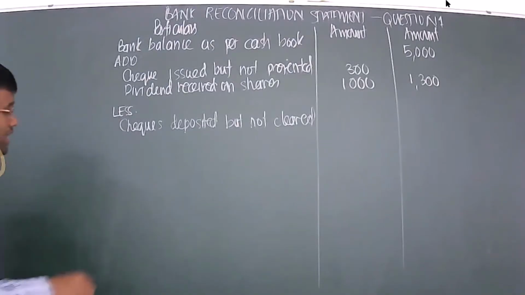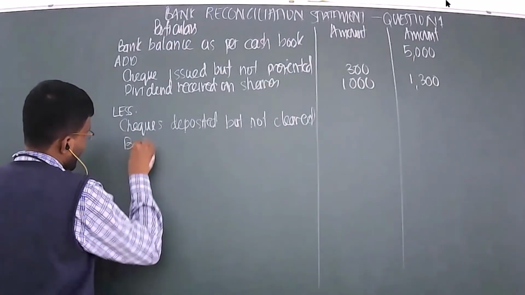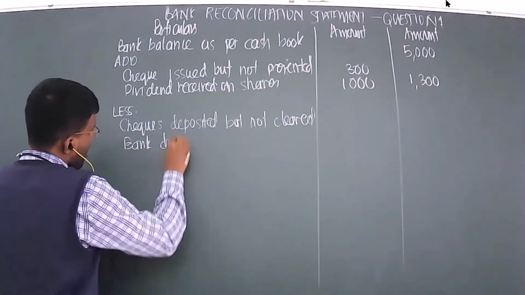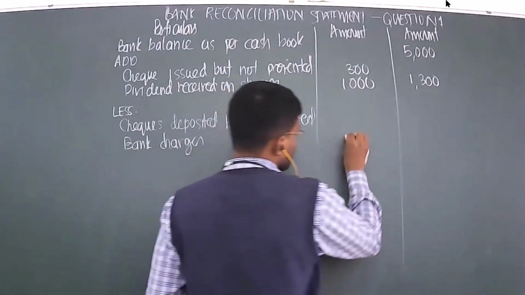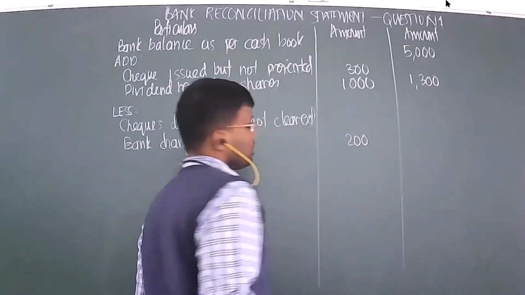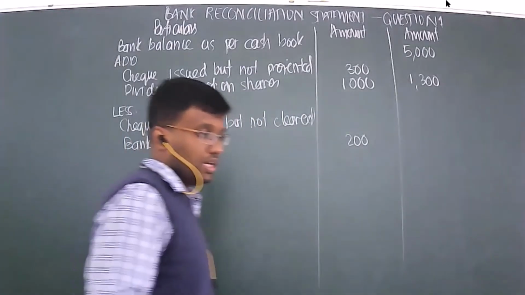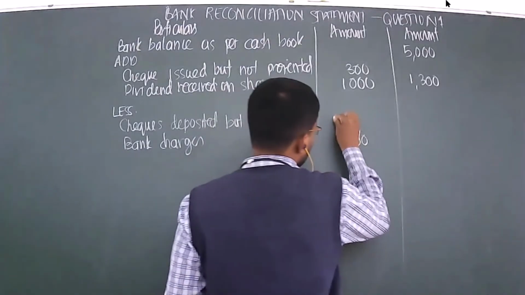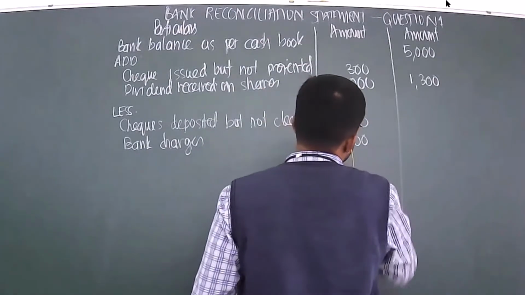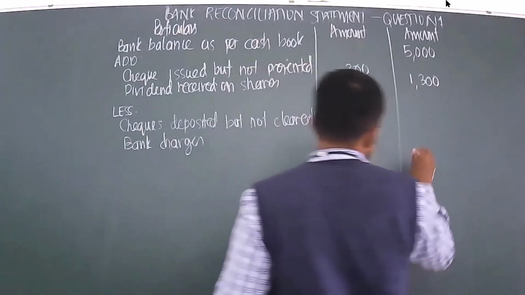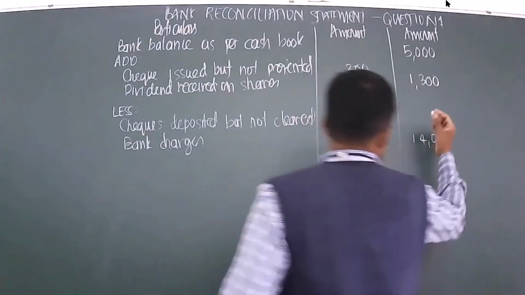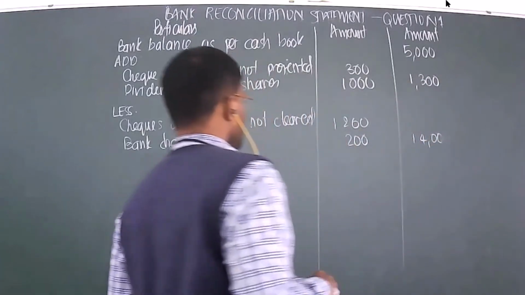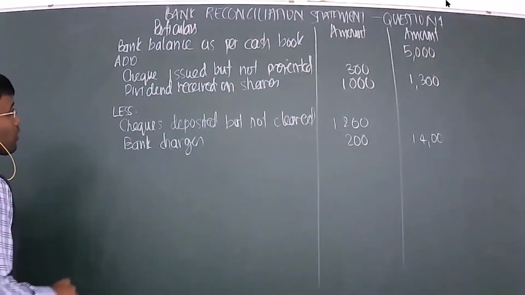Then we have bank charges. How much is bank charges? Bank charges is rupees 200. Checks deposited but not cleared is 1,200. So the total of this is 1,400. Okay, now when we do this, what do we get?